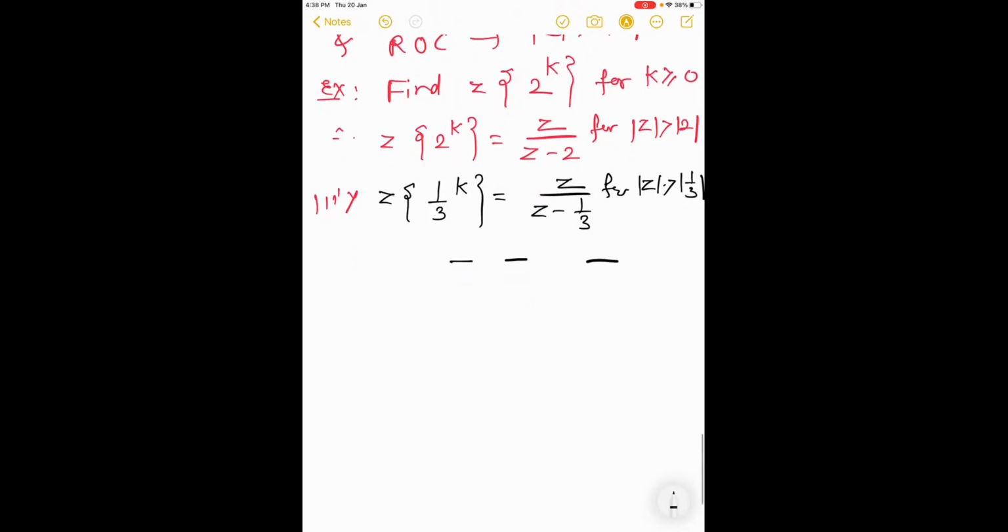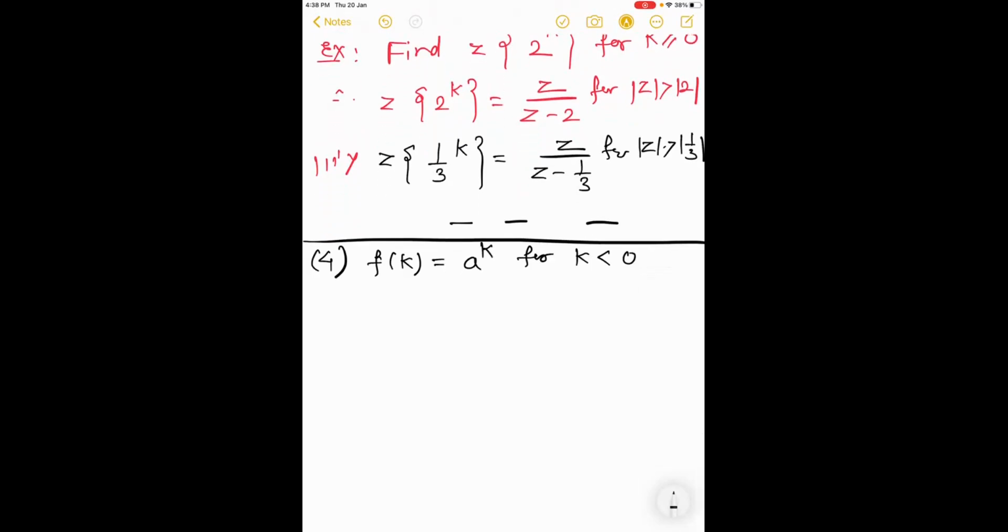And one more I'll show you, where for k less than 0 how to get the answer for a raised to k. Similarly, the next standard result, the fourth one, you can write down. F of k is equal to a raised to k only for k less than 0, negative values of k. So let us work out the z transform of this.